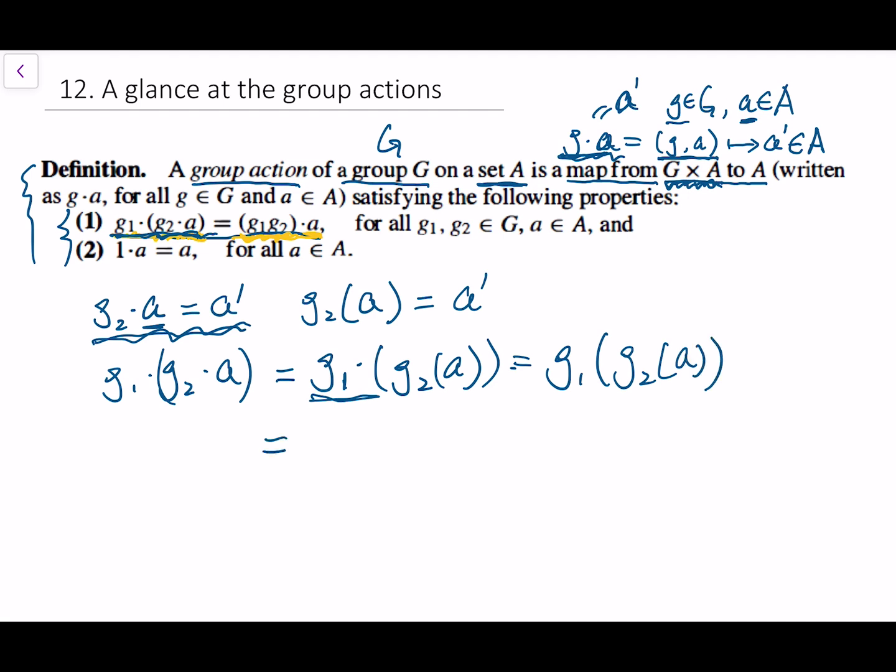This is equal to g1 composed with g2 when we consider g1 and g2 as maps applied to the element a.